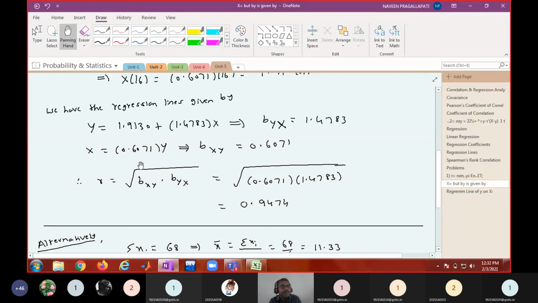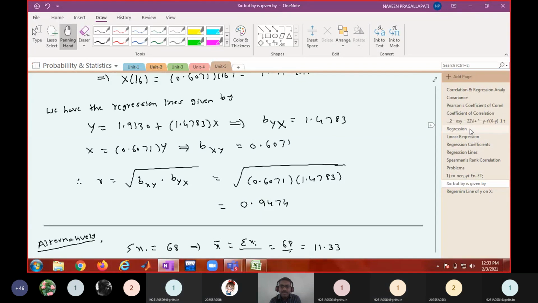It is 1 by 0.6071, not just 0.6071, because both lines you have written for y in terms of x. So take M2 as 1 by 0.6071 and M1 as 1.4783 and find the angle between the two lines.